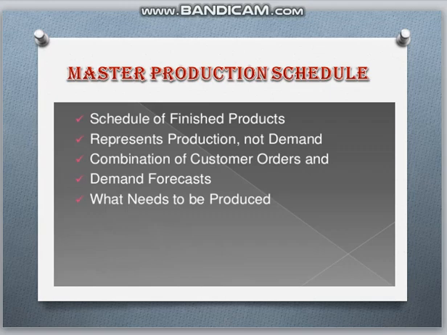This is the end product plan. Not only this, all the orders from both internal and external sources are listed for the final products. So these are some of the work that is carried out in this master production schedule.